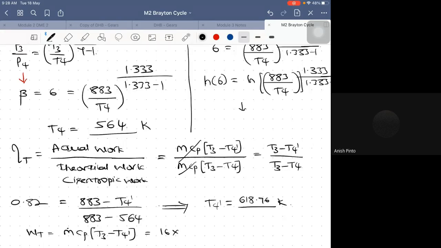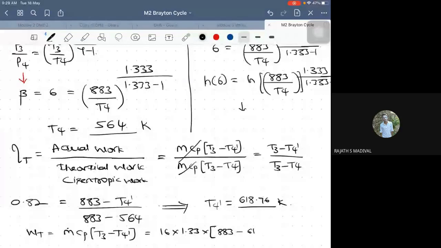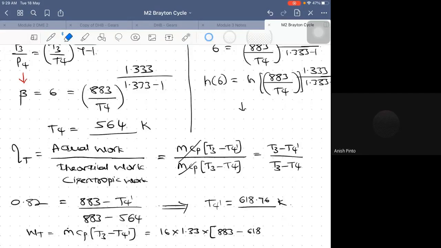Cp value is how much for the expansion? 1.11 kilojoules per kg Kelvin into (883 minus T4 dash). The T4 dash is 621.42. Which one am I supposed to take? 621.42.